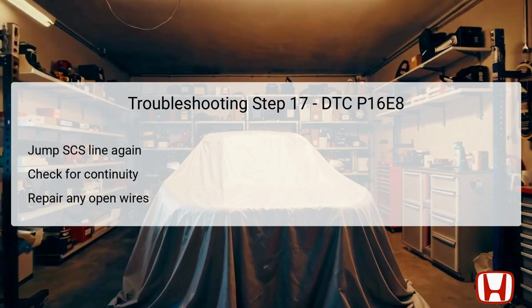If continuity exists, it suggests the wiring is intact, but further diagnostics may require pursuing PCM replacement or other complications. In contrast, discovering an open circuit prompts immediate repair actions to ensure effective communication once more. Following these steps insightfully determines the exact causes of the DTC P16E8 and provides a comprehensive path to resolution.